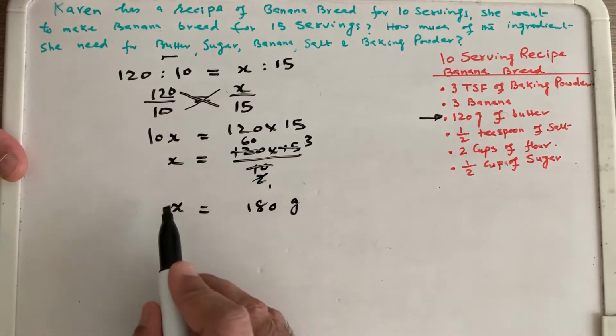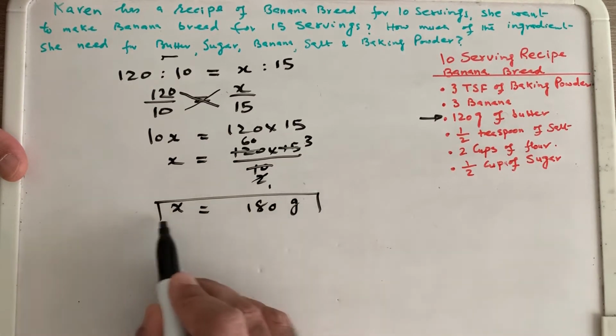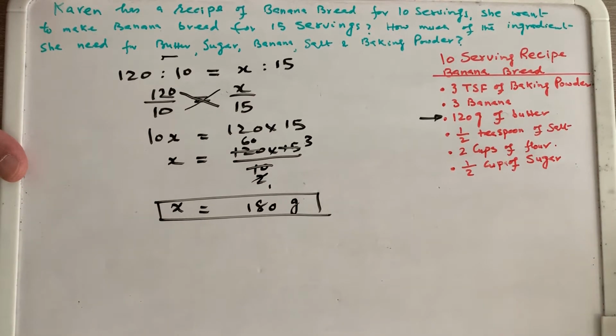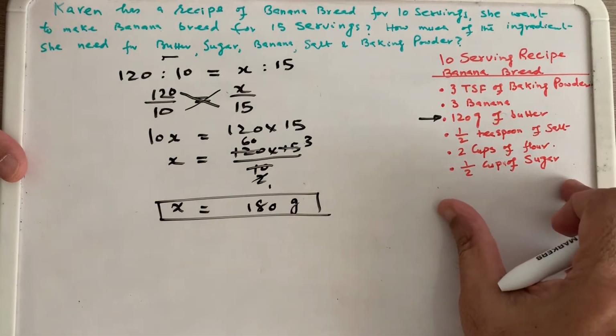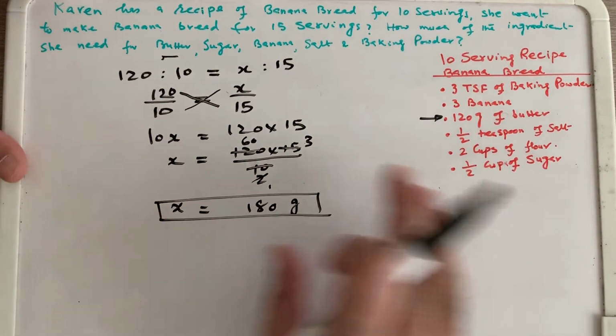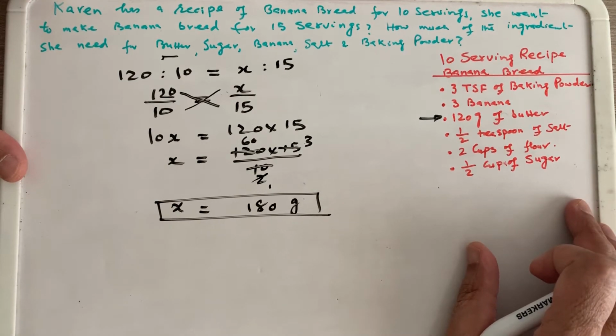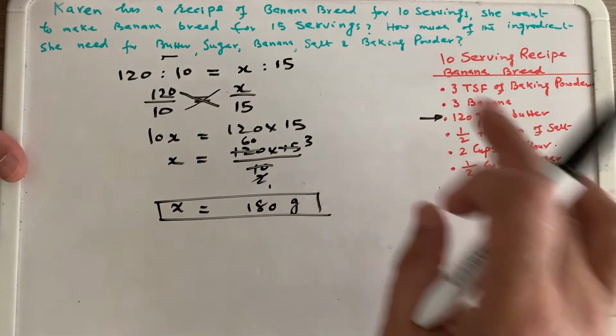So how much is she looking for? She is looking for 180 gram of butter for 15 servings. What we understand here is that it is a practical, daily use, domestic example of rate and ratio. If the recipe is given for certain servings and we want to make different servings, we can equate that recipe in terms of the ratio, and then calculate the amount for the different serving.